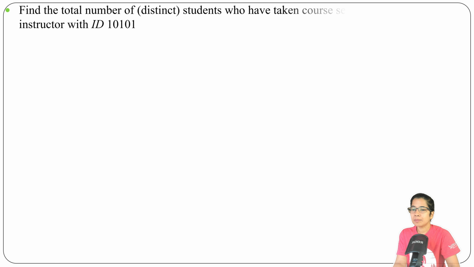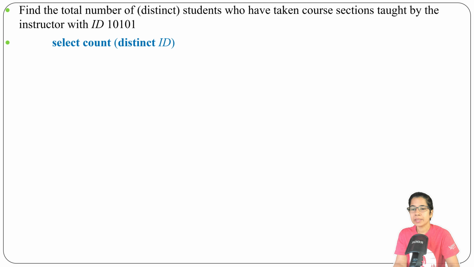Let's see another example. Find the total number of students who have taken a course section taught by the instructor with ID 10101. So select count distinct ID. We need to count the total number of students taught by instructor ID 10101. That's select count distinct ID. Maybe the same student was taught at a different time, that's why distinct ID.